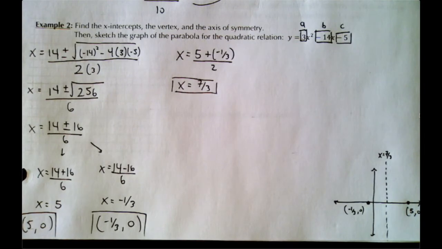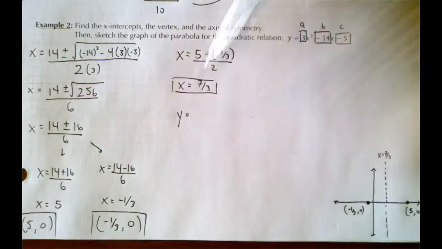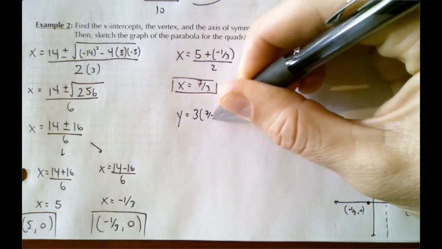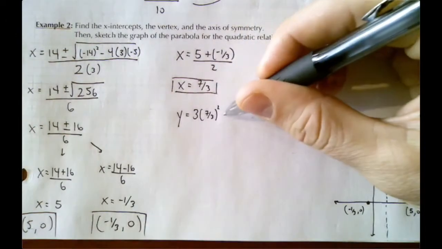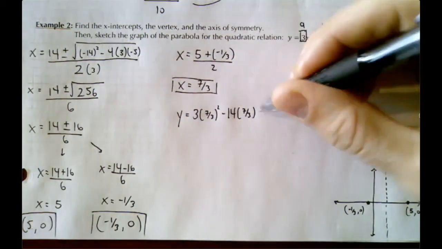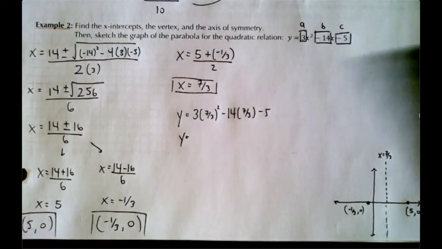And if we want the vertex, we just have to take our 7/3 and put it into our equation. So let's do that. Y equals 3 times 7/3 squared minus 14 times 7/3 minus 5. And what do we get?